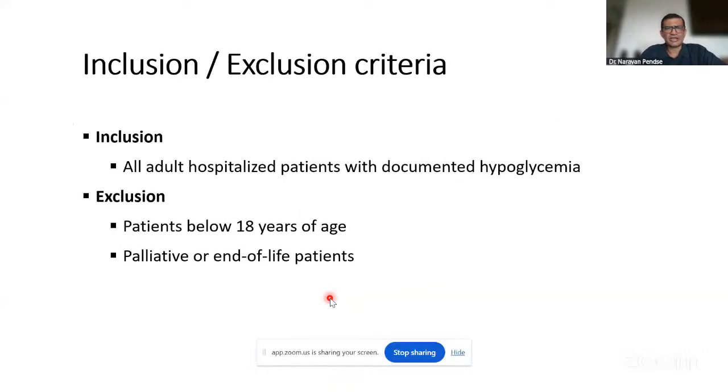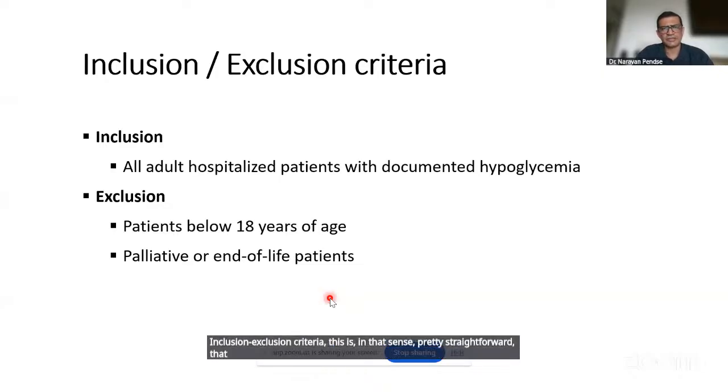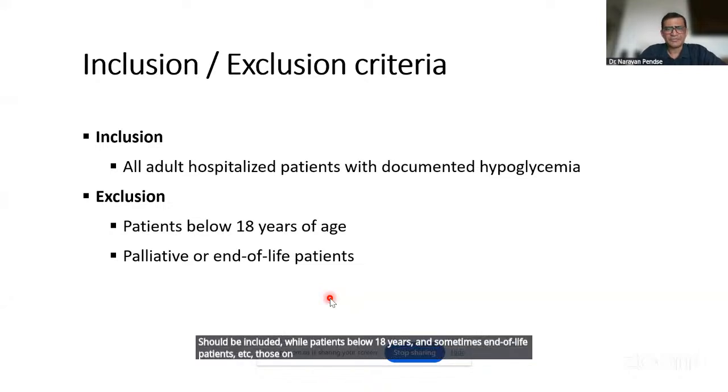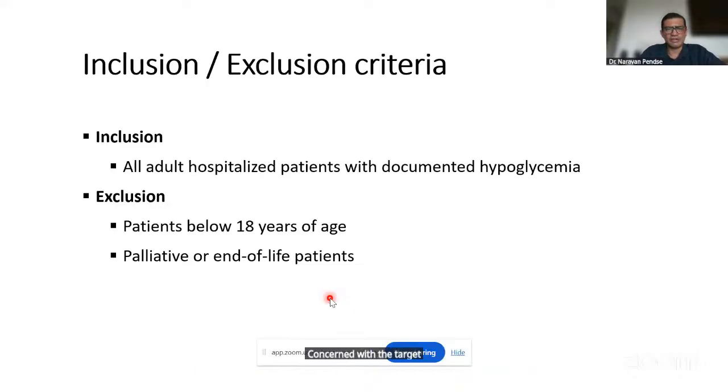Inclusion exclusion criteria, this is in that sense pretty straightforward, that all adult hospitalized patients with documented hypoglycemia should be included, while patients below 18 years and sometimes end of life patients, those on palliative care can be excluded because you are not particularly concerned with the target blood glucose level in this set of patients.